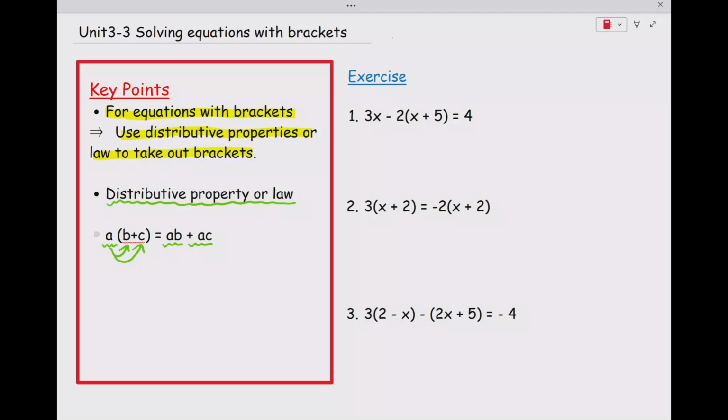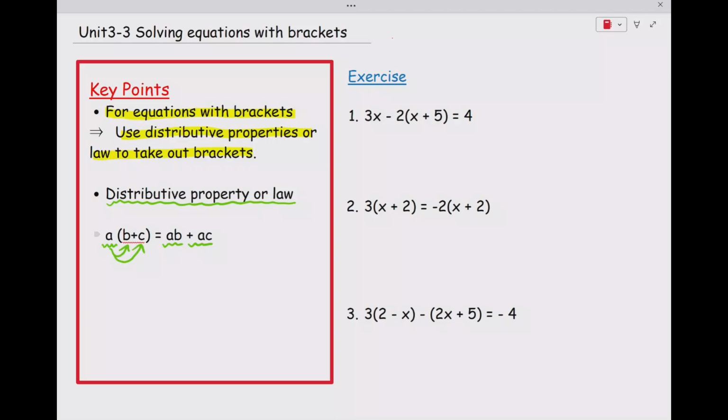You will understand it quickly if you actually do a few of the exercises, so let's try the questions. Now, let's look at the exercise. If you think that you can answer these questions yourself, feel free to stop this video and try it yourself first. If you are not so sure, then let's continue to look at this together.